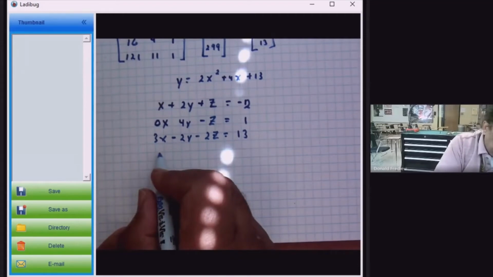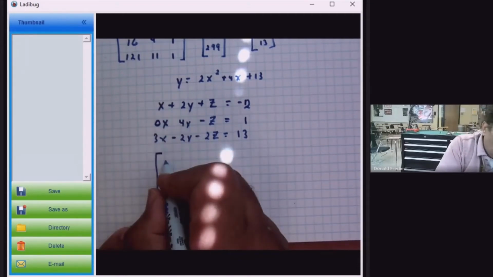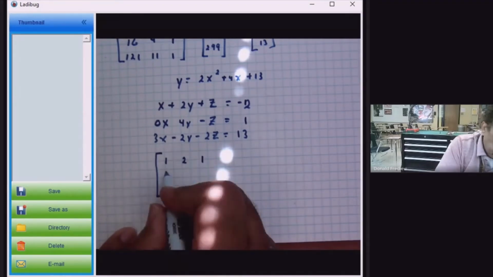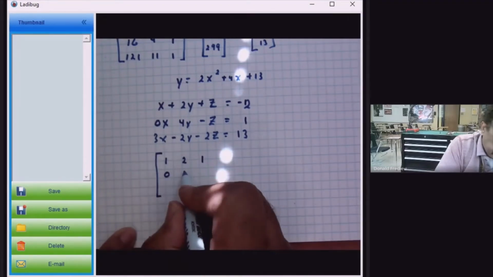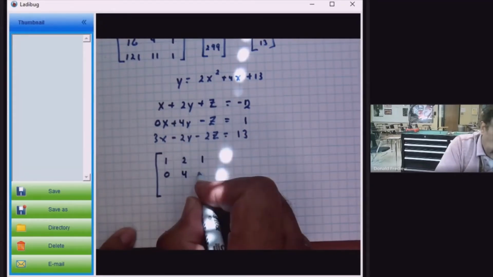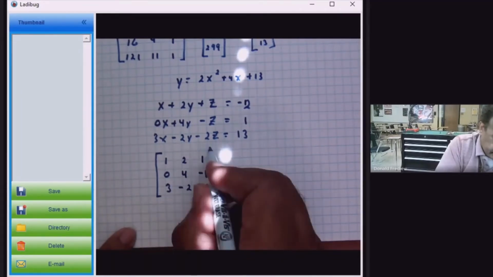And now my matrix will look like this. This equation here is my row 1. I've got 1 for x, 2 for y, 1 for z, 0 for x in the second, put a plus sign, 4, and a -1. Now that sign makes a difference. 3, -2, -2.